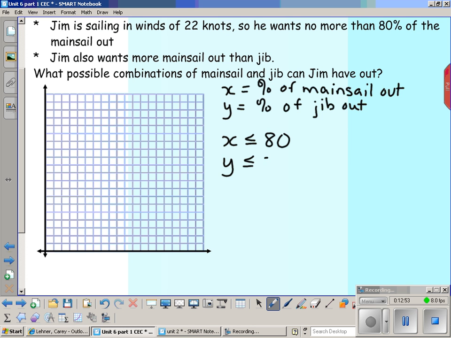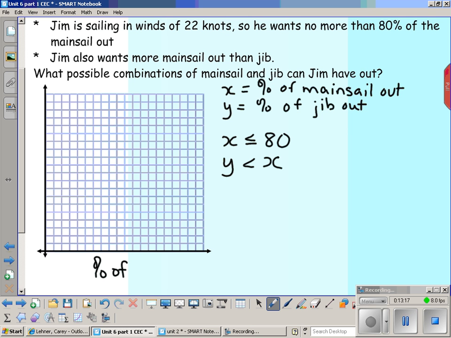So the jib has to be less than, not equal to, just less than the mainsail, because it doesn't say that they could be the same. It says he wants more mainsail than jib. So there are your two equations. Now what we want to do is, first of all, label this.